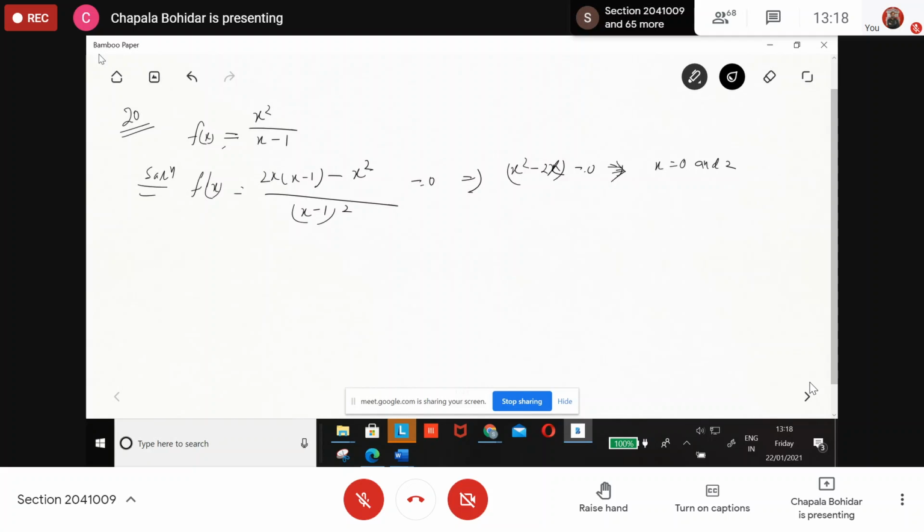So 0, 1 and 2 are the critical points. What is the domain of this function? All real numbers except 1. But 1 you are considering as the critical point here, so find out the intervals.